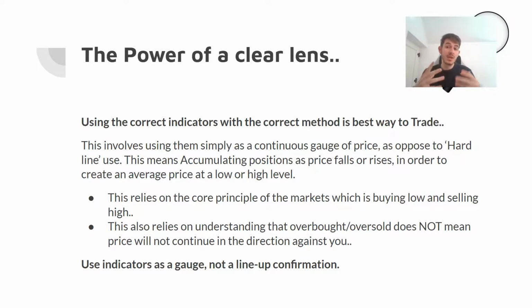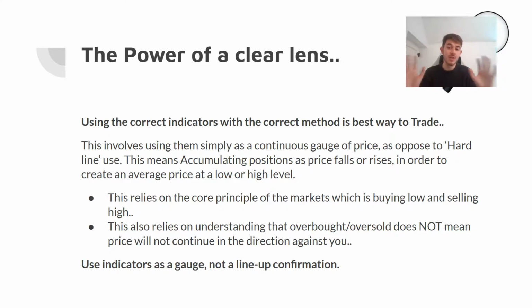So we want to accumulate price. We want to accumulate positions as price falls or rises, and that's because we want to buy low and sell high. And we know we're not trading with a hard line. Price can keep moving in the way that we might not want it to go, but we know we can adjust our risk, and we can trade accurately and have a high trading success.